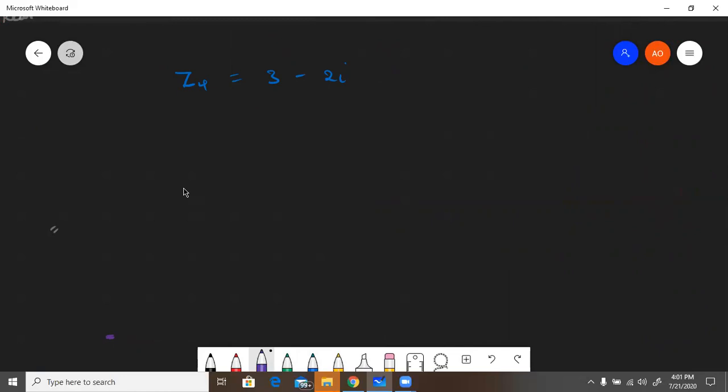Okay, this is our Argand diagram. We have the imaginary axis and the real axis. Real 3 is positive: 1, 2, 3. Imaginary is negative: 1, 2. Definitely they are going to meet somewhere here, like this.